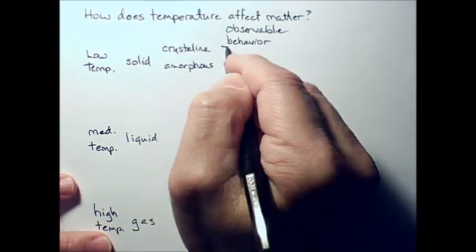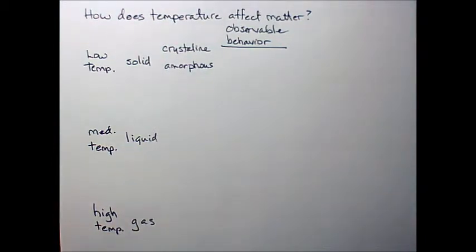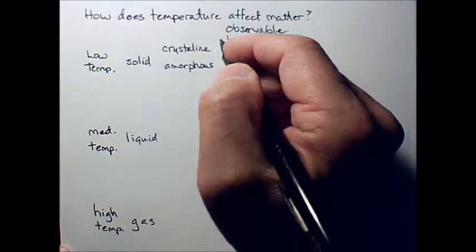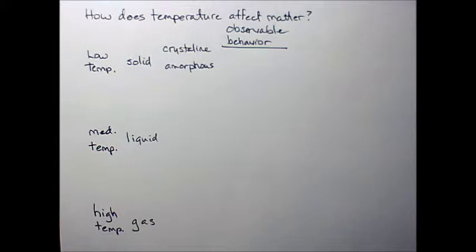Okay, observable behavior. All right, so I'll make a column here for observable behavior. When we observe a solid, how do we know it's a solid? It has a shape, a definite shape. So, what does that mean, a definite shape? Like, if you put it in something, it won't take the shape of that.